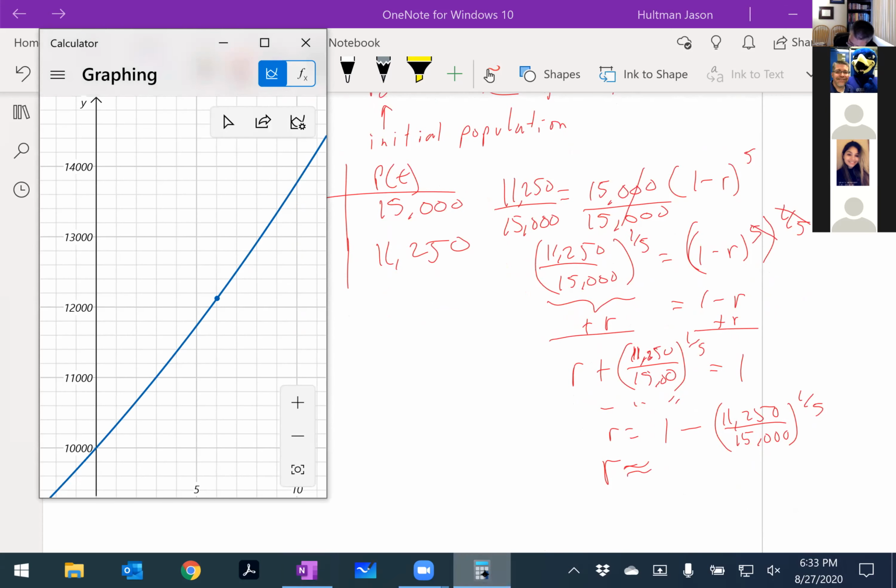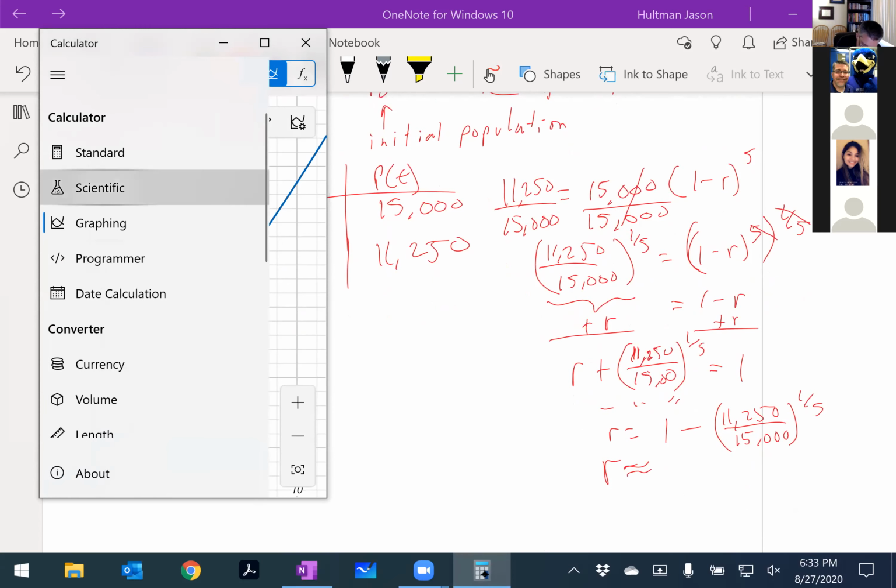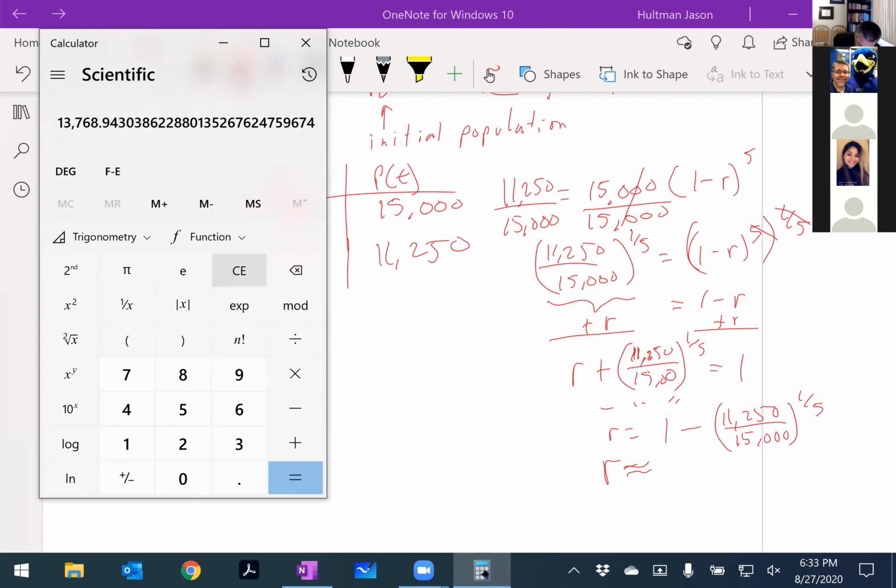Okay, so let's see what this comes out to be. Back to the calculator, scientific calculator. Let's clear this. Okay, and I'm going to go 1 minus parentheses 11,250 divided by 15,000, close parentheses, raised to the 1/5 power.